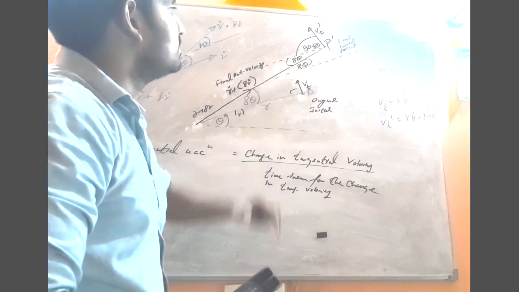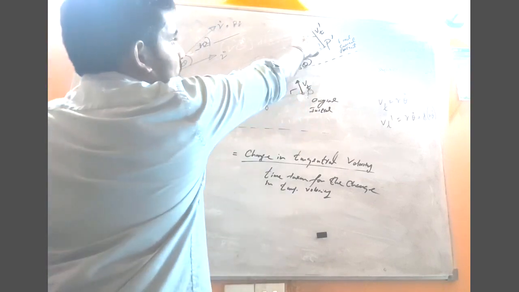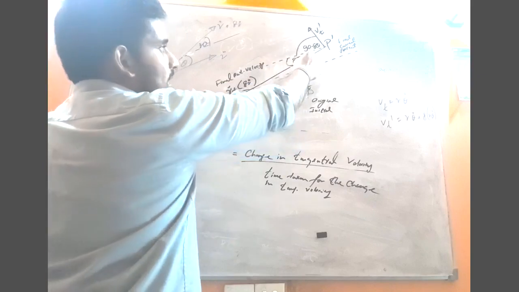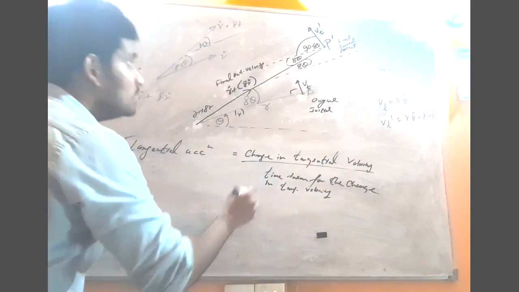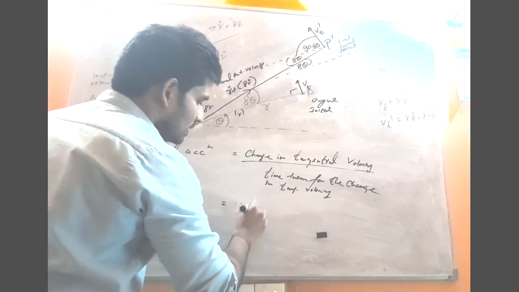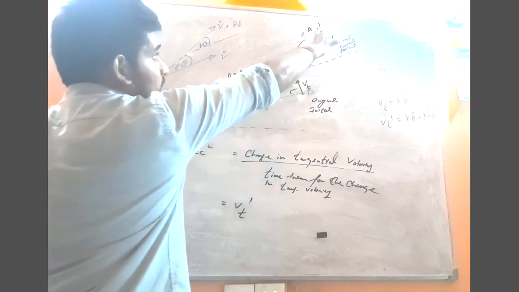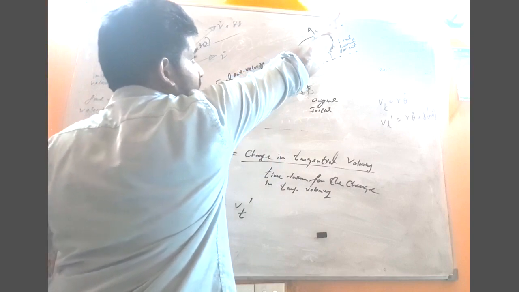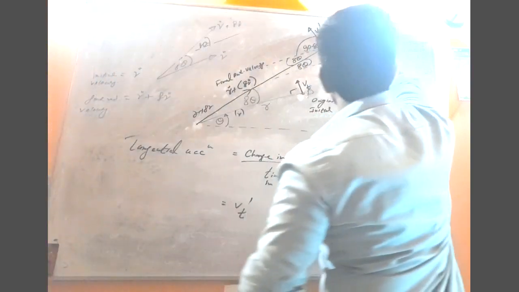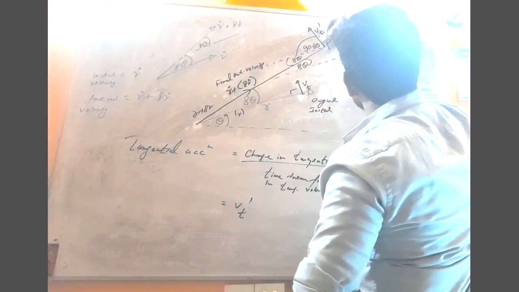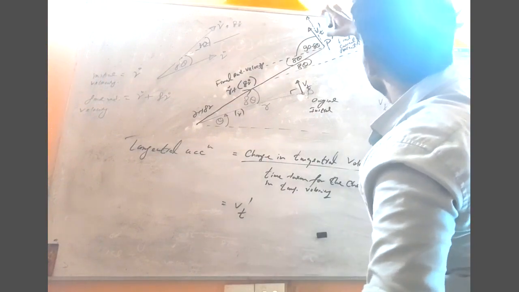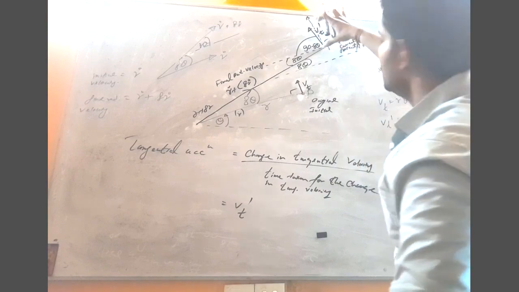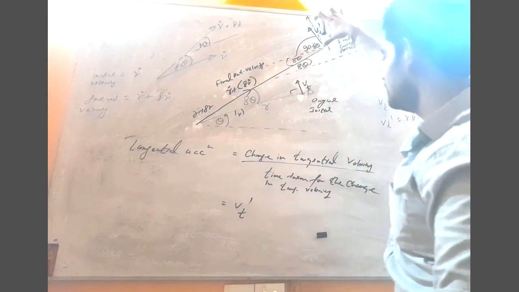So what is the first component? We know that this is Vt dash, and this angle is 90 minus delta theta. So what is the first component? The first component will be Vt dash sine 90 minus delta theta. See this one, this component, the first vertical component. So what is the vertical component? Vt dash sine 90 minus delta theta. You got the point, right?